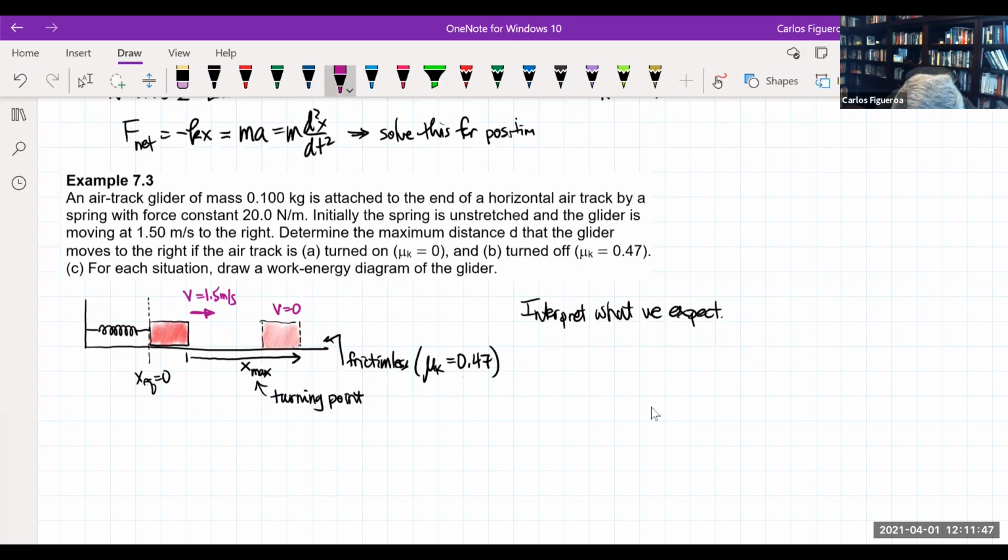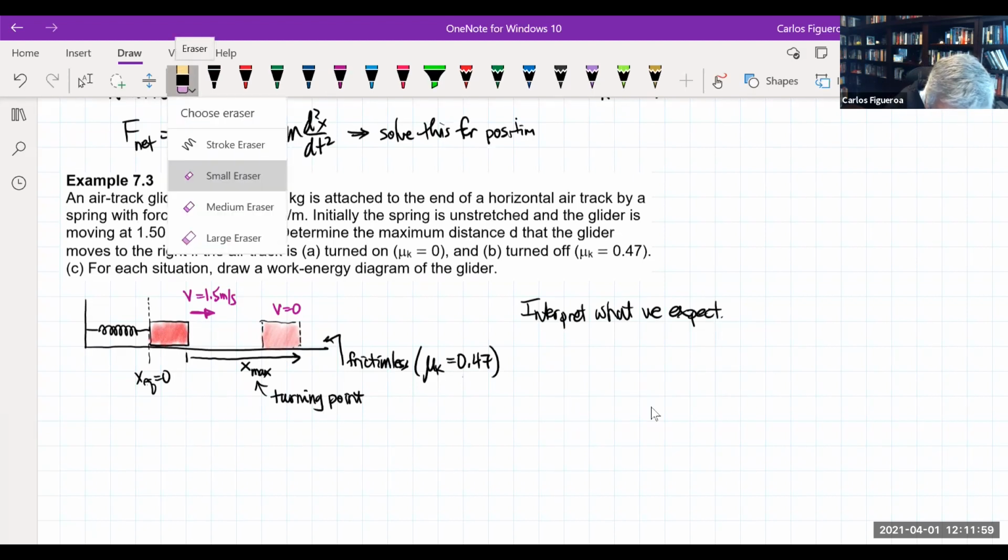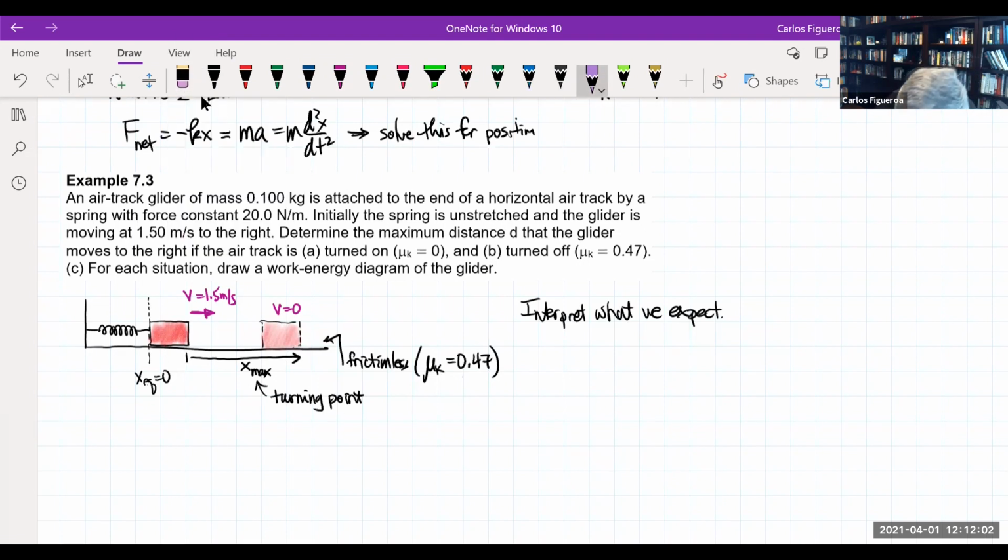Well, for starters, let's say that I have this amount of kinetic energy. Actually, let me make this a little bit smaller because I want to keep space here. So let's say that my kinetic energy here is 3 squares.